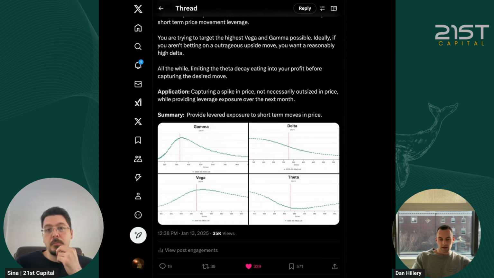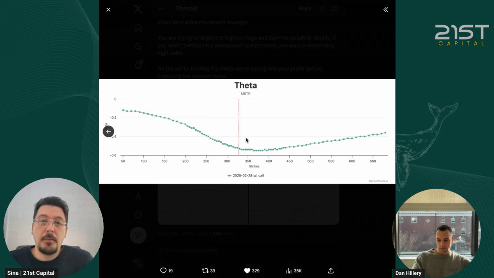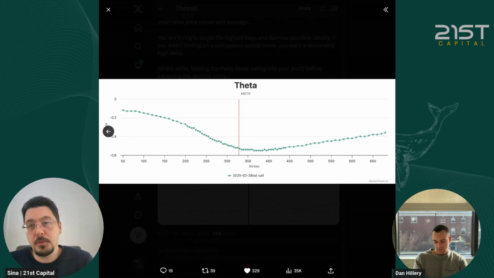Do you have anything else to say on theta? So maybe just to clarify for folks, when you buy a call, if the asset doesn't reach the strike price, you get zero. If it does and exceeds your premium, you get a profit. As time goes by, the chances of all these happening change.